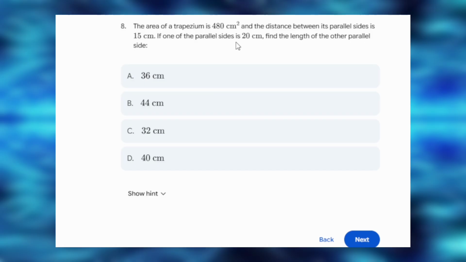Here h 15, one parallel side 20, other parallel side we have to find. By simplifying we get 44 centimeters is the correct answer.